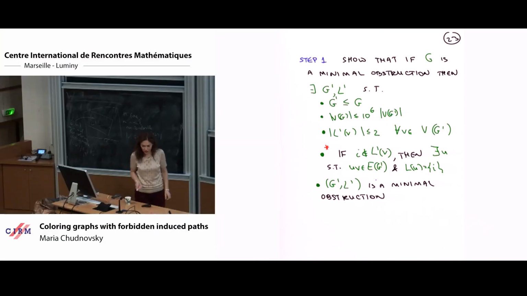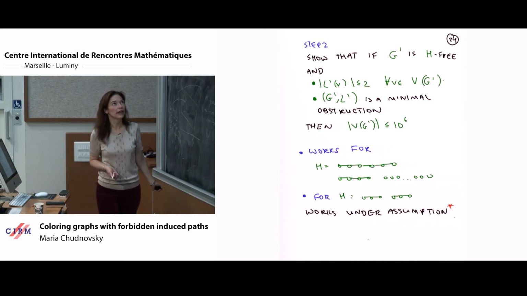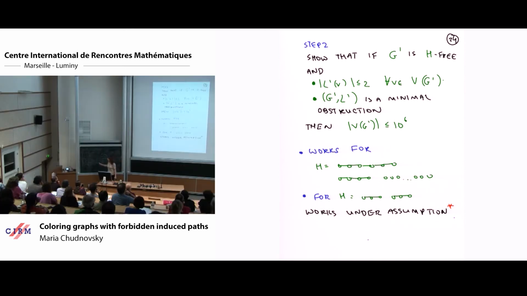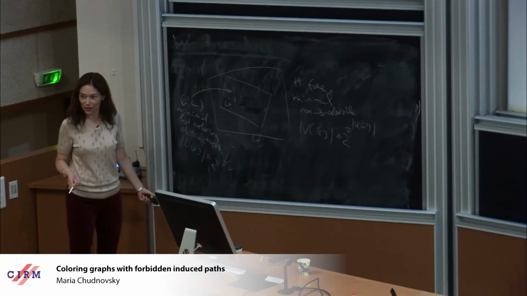Now, graphs with lists of size at most 2 are nice, right? From Edwards' theorem, you know there's something special about them. So what you prove now is that anything like this is not very big. Anything like this has bounded size. And then you're done, right?